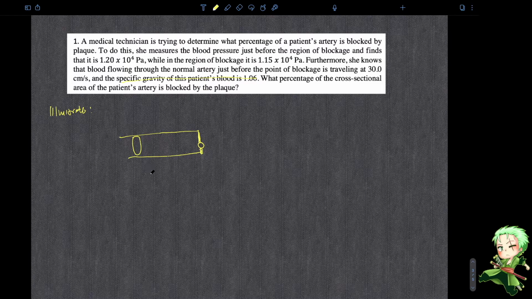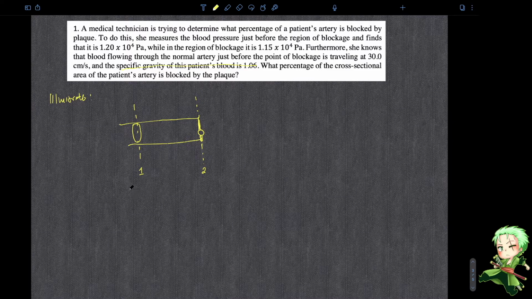So it's stated in the problem that just before the blockage, meaning this portion here, I will label this as region 1, and the portion of blockage, I will set as region 2.